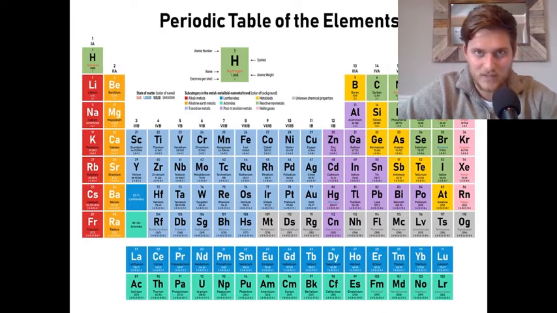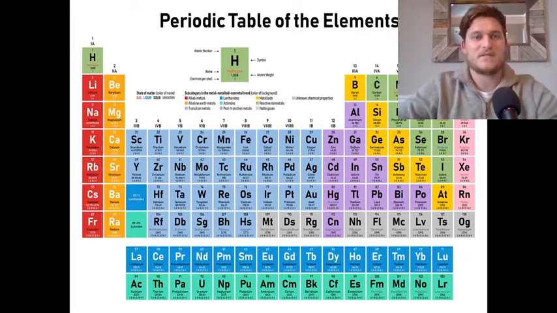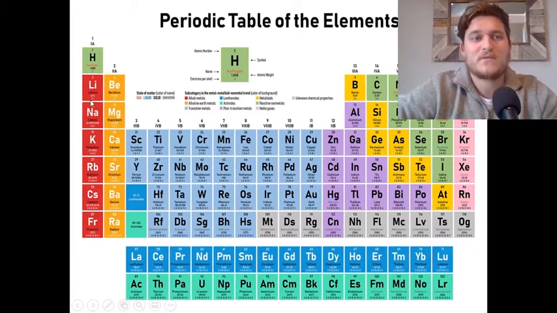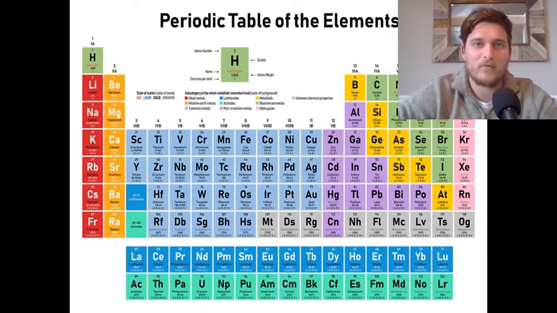And so the bonds that are going to form with other atoms are going to be based on the amount of available electrons. And so a lot of times what you'll see is that elements in the first group are willing to get rid of that electron in order to have a full valence shell.